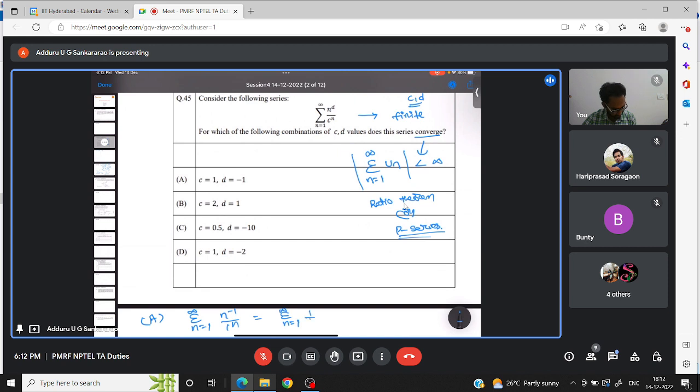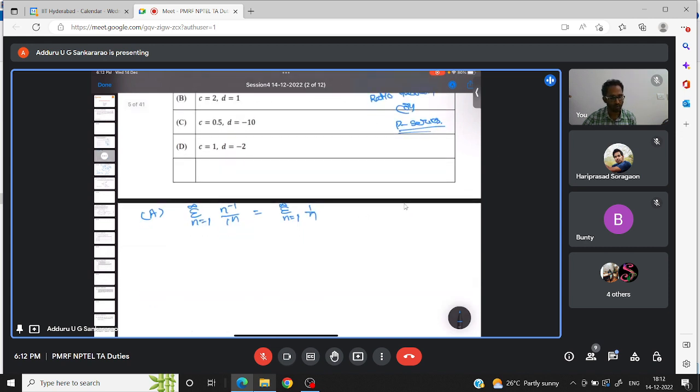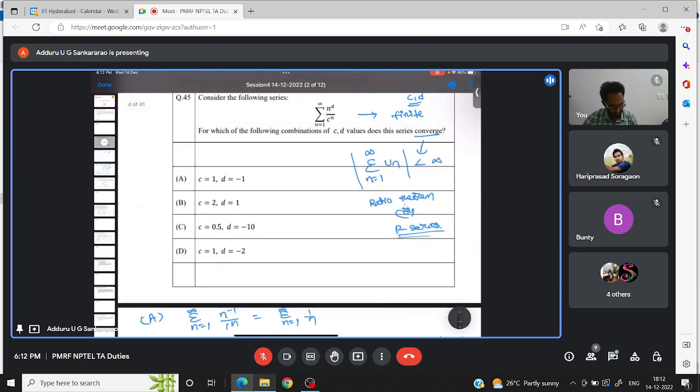So 1 by n. What will happen to this? If we expand this, 1 plus 1 by 2 plus 1 by 3 plus 1 by 4, and so on. So 1 by n plus 1 by n plus 1, and so on, right? So definitely we can see it is convergence, right? When n tends to infinity, 1 by infinity will become 0. Or else you can use this ratio theorem.